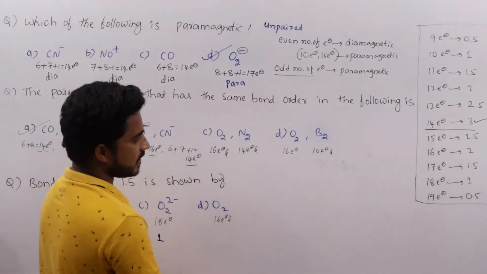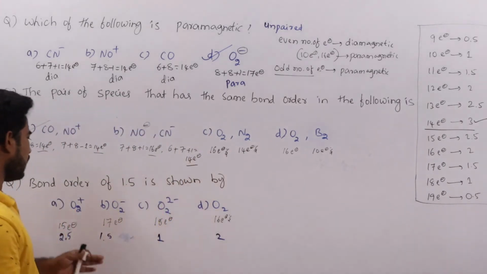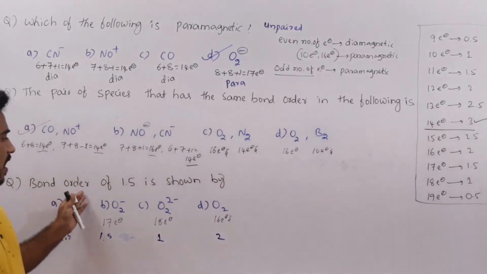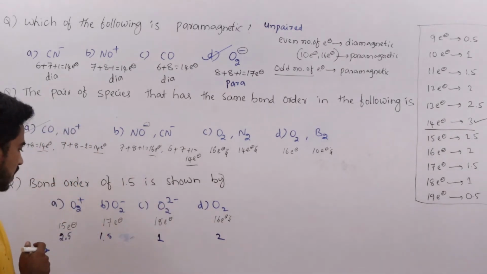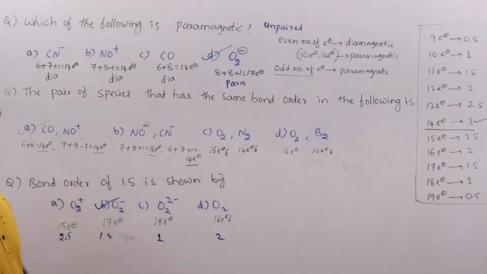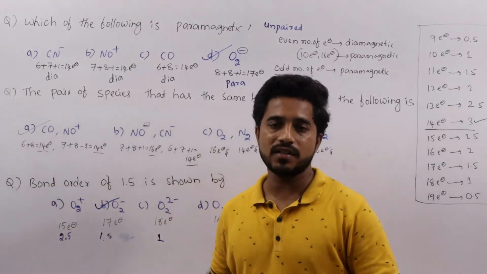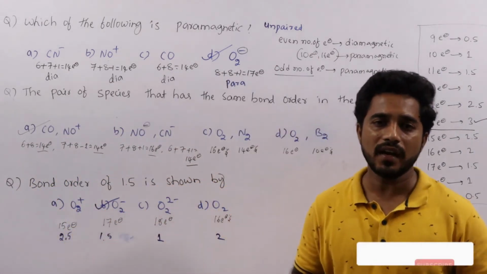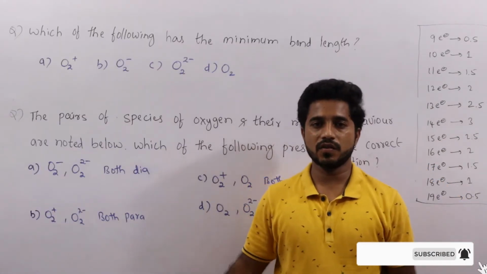Next, the O2 16 electron species has bond order 2. For this question, they asked which species shows a bond order of 1.5, so option B, O2 minus, is the correct answer. In this way we can find bond orders and magnetic natures very easily by using this method. Let us see the next question.